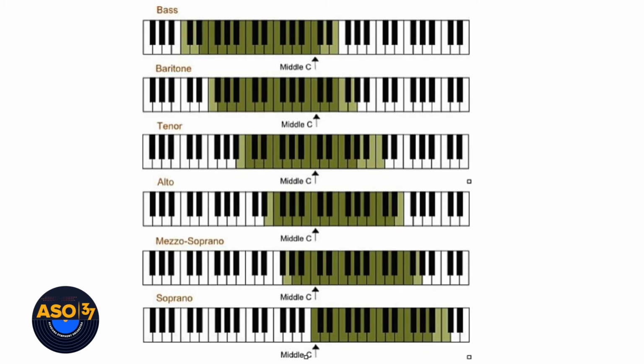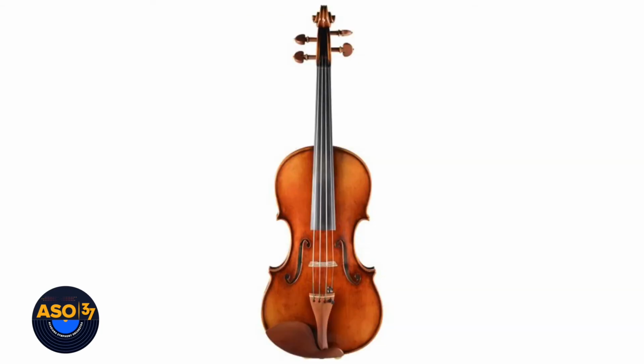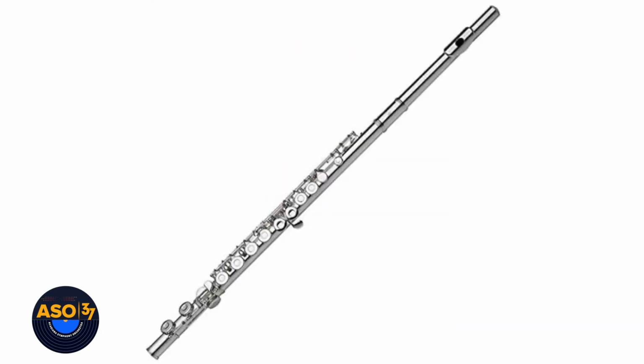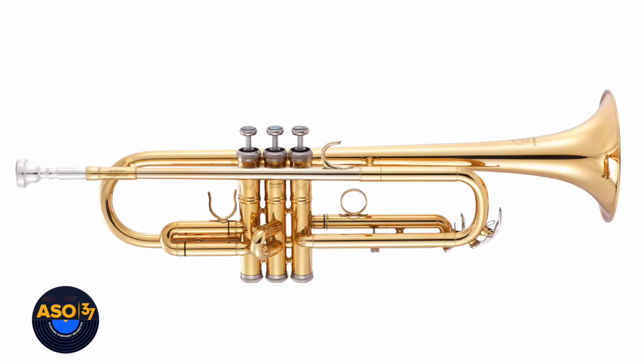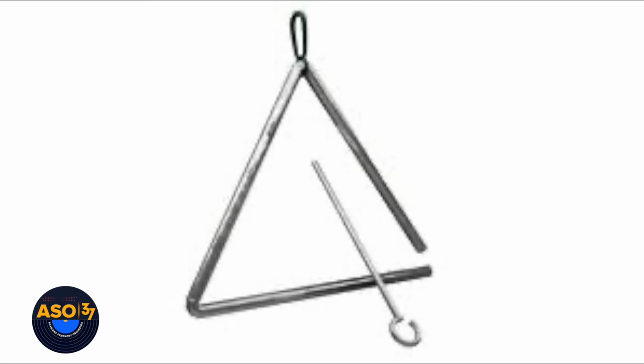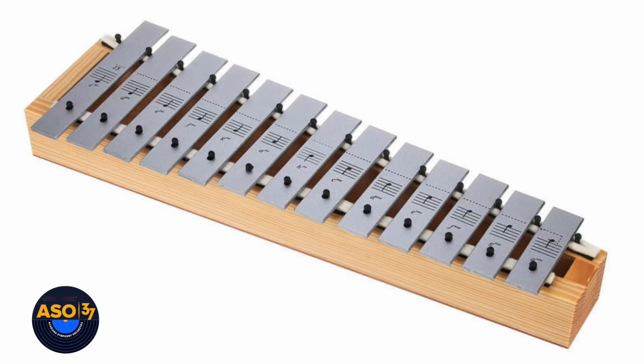The highest register in the choir and the highest human voice is soprano. The sopranos in the string family are the violins, in the woodwind family flutes and oboes, and in the brass family the smallest brass instrument, trumpets or cornets. Also in percussion we have some soprano-like instruments, for example the triangle or the glockenspiel, which has very small, short metal plates that can play in very high register.